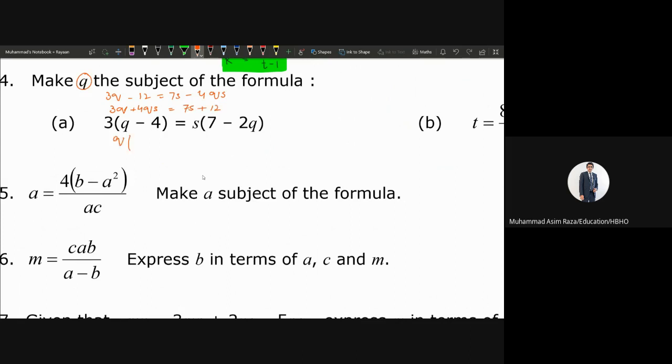Take q common so that we can have 3 plus 4s. Okay, you understand that? Yes, sir. This is how we have to do it.